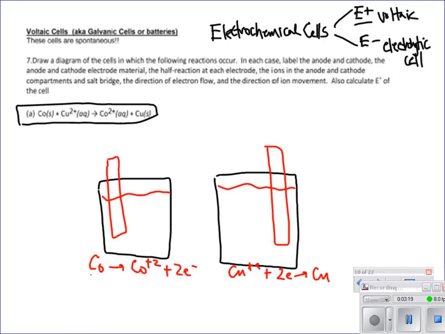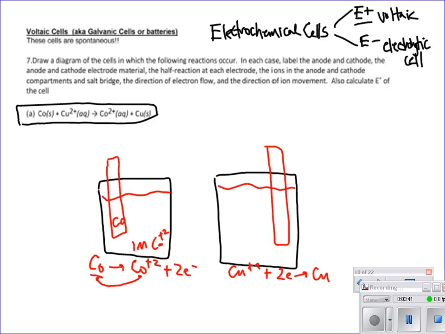So this is actually going to be cobalt solid, that electrode is going to be. And then your solution is going to be 1 molar cobalt +2. And it's probably cobalt nitrate or cobalt chloride or something else. But we don't care about the anion. We just care about the cation, because that's where our reduction or oxidation occurs, depending upon which half reaction.